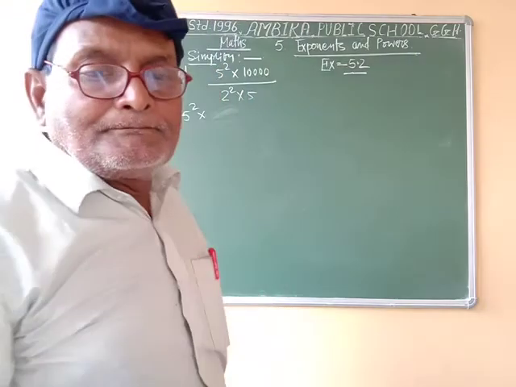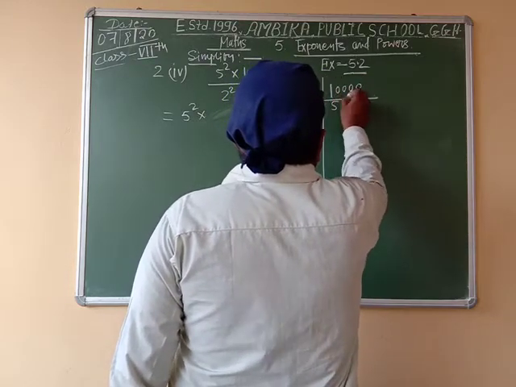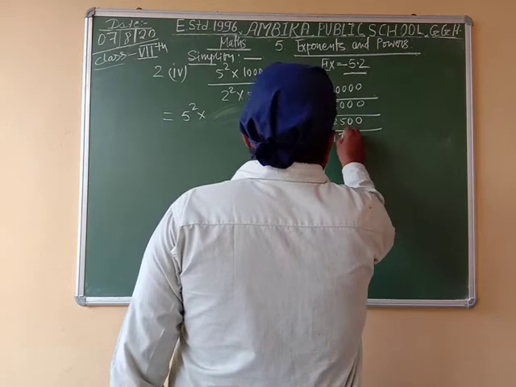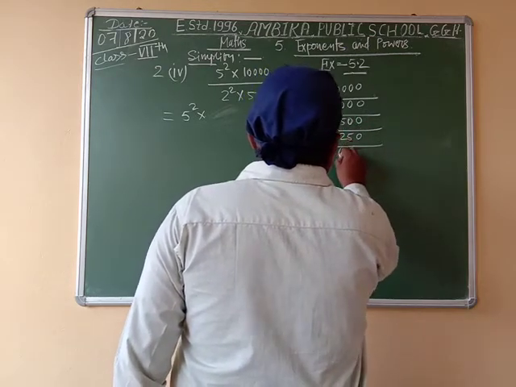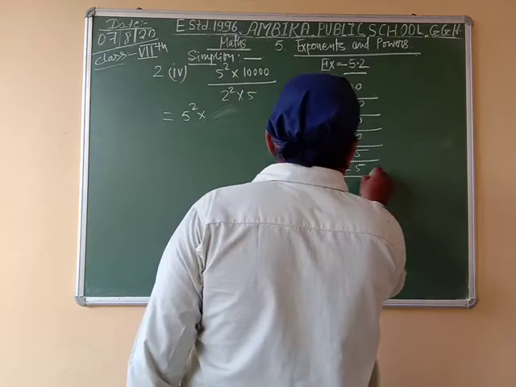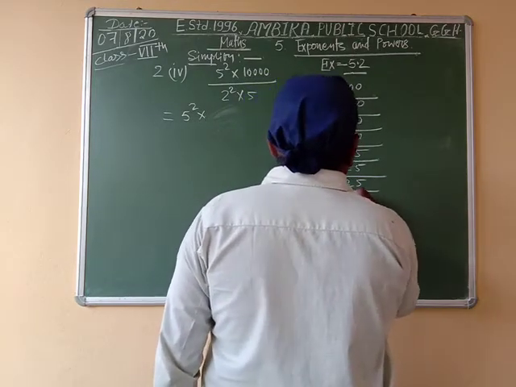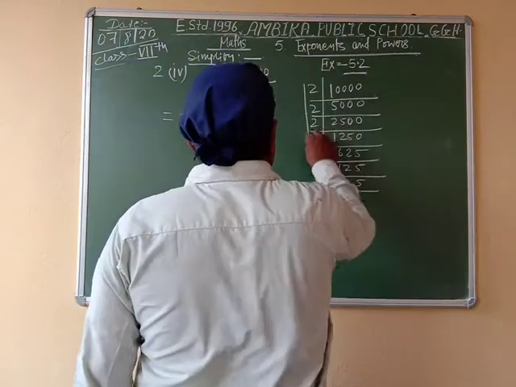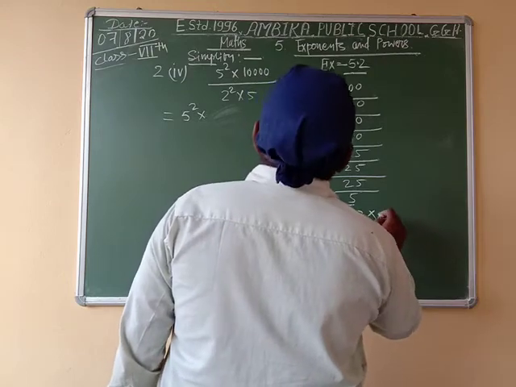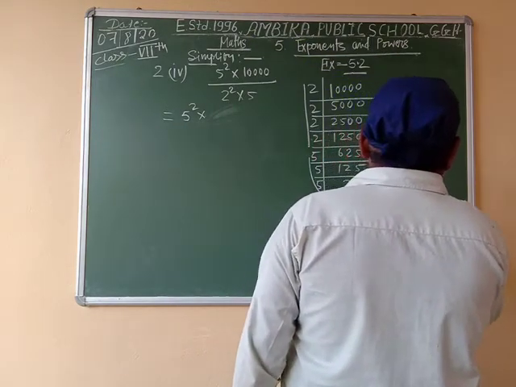At first, prime factorization of 25 is equal to 5 into 5, and 2 into 2 into 2 into 2 into 5 into 5 into 5 into 5 into 5.